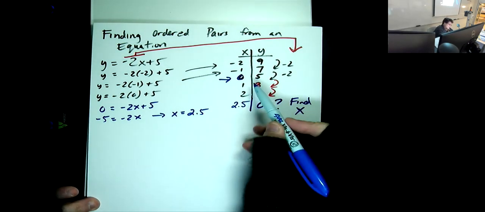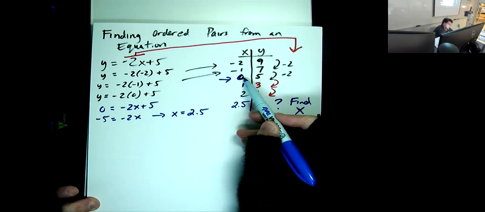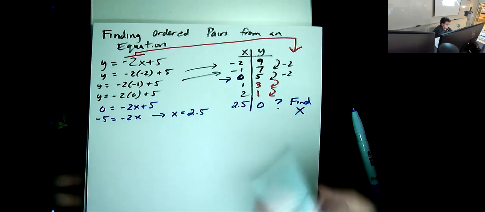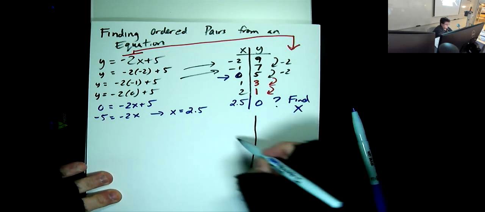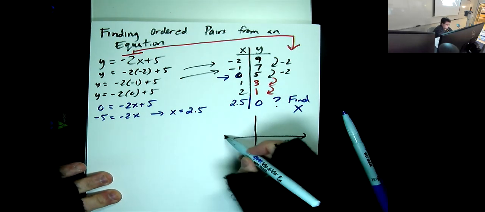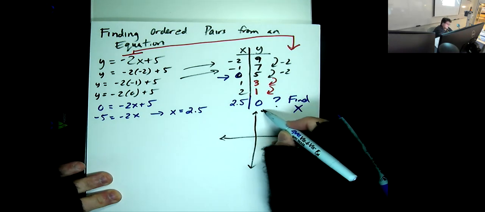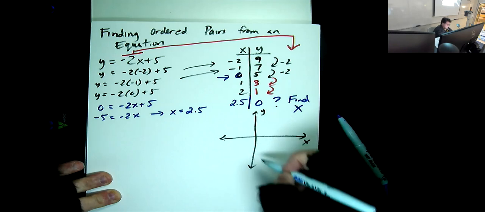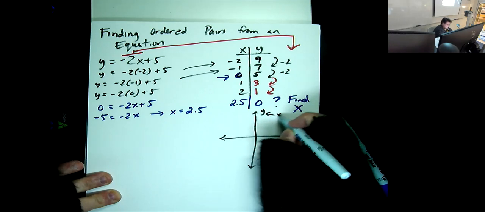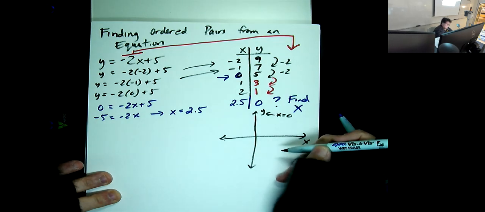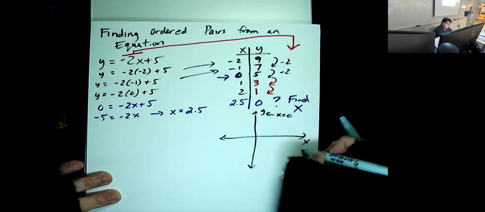So when we have x equal to 0, if we look on the graph, we're actually on the y-axis. And when y equals 0, we are on the x-axis.